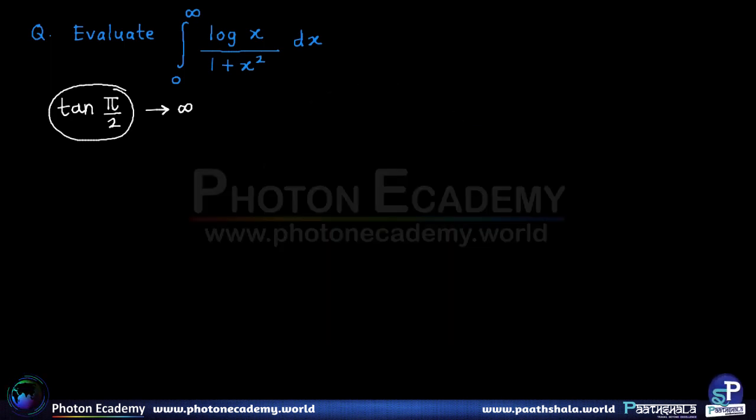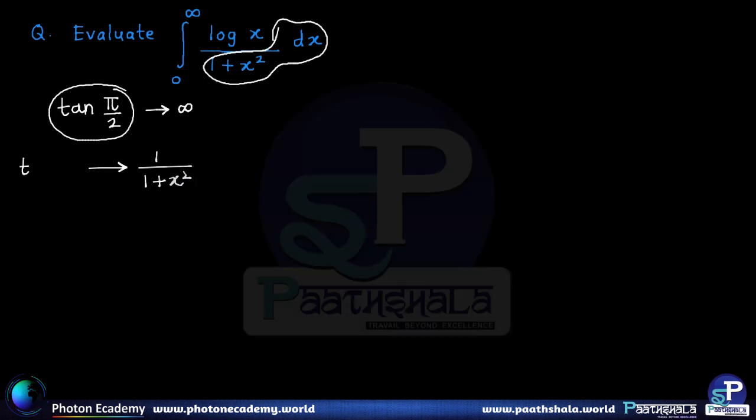With this in mind, we also observe the pattern 1 upon x square plus 1. So where does 1 upon x square plus 1 come into the picture? We see that this is the derivative of tan inverse of x, isn't it? That gives us some clue to try out. So let us do the substitution of tan inverse of x by t.